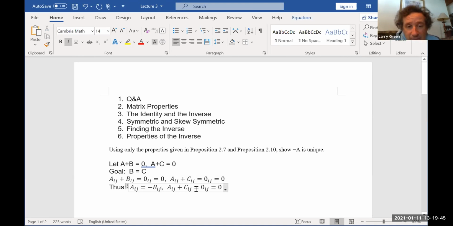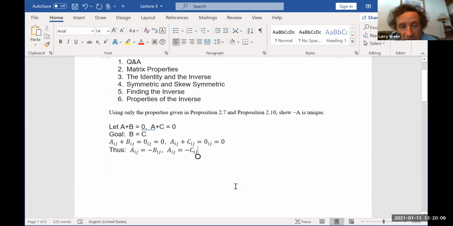And if a sub ij plus c sub ij equals 0, then a sub ij equals negative c sub ij. Any questions on that? Okay, but a sub ij is a number, not a matrix. Is that clear? So now I can use the properties of numbers.